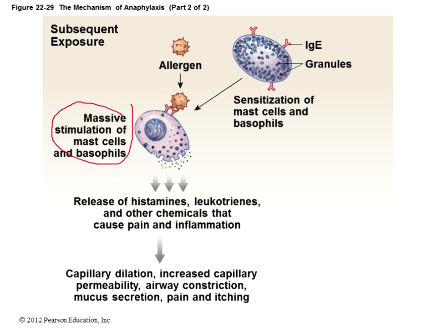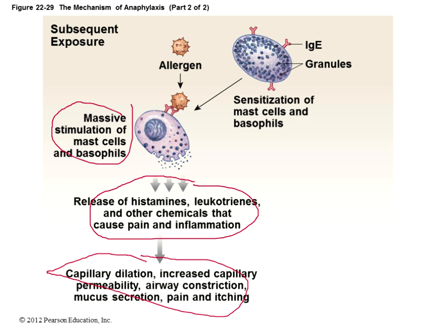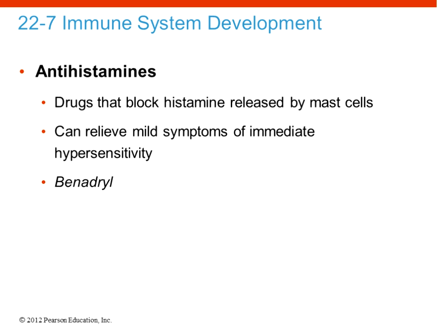And then subsequent exposure, you start to see massive stimulation of these cells, excessive release, and as a result of that inflammatory process, you get histamines and other chemicals that cause inflammation, capillary dilation, airway constriction, etc., and potentially anaphylactic shock. All right?